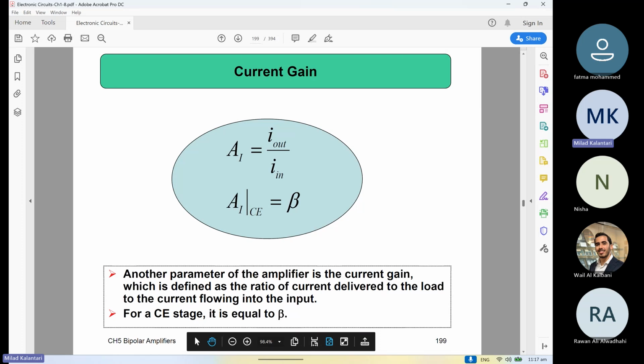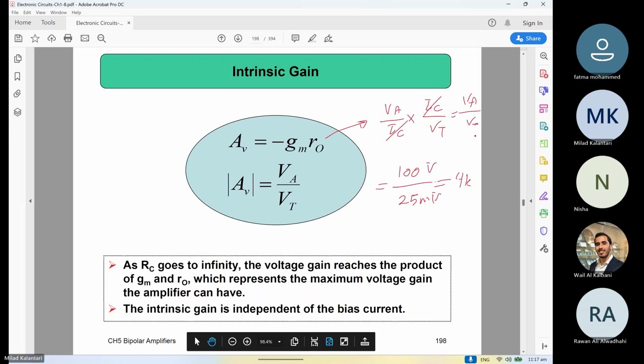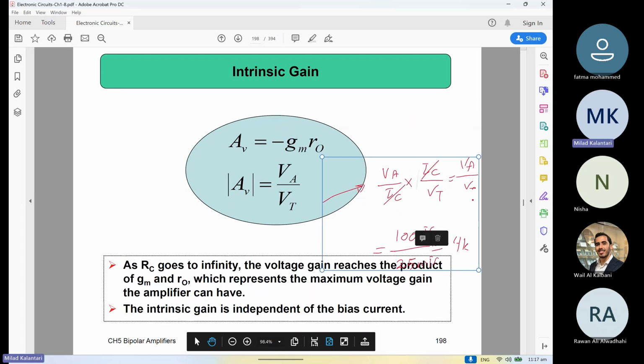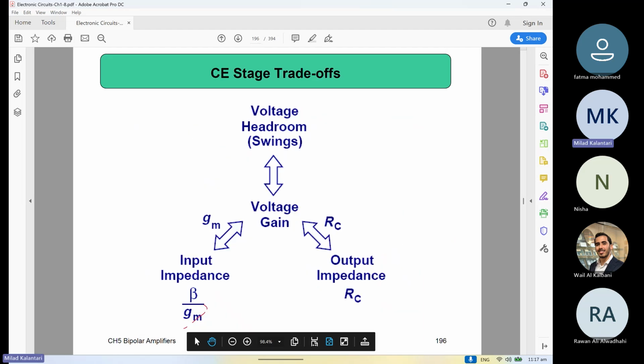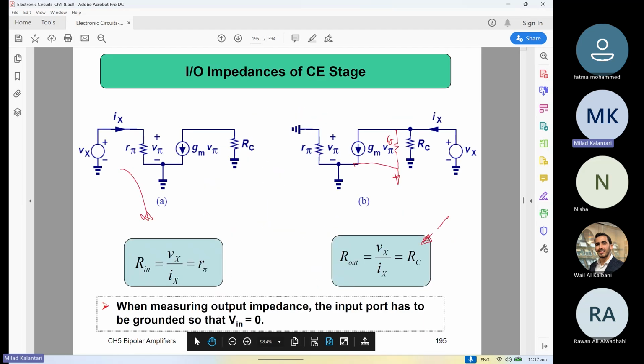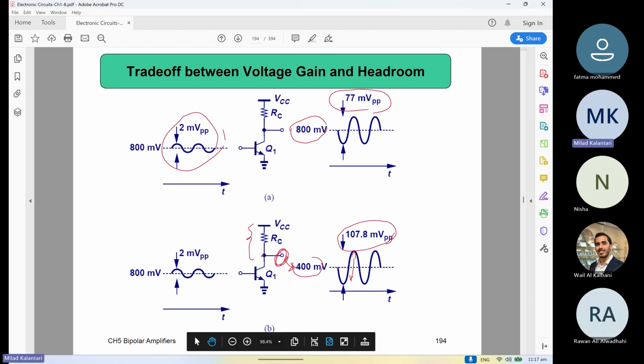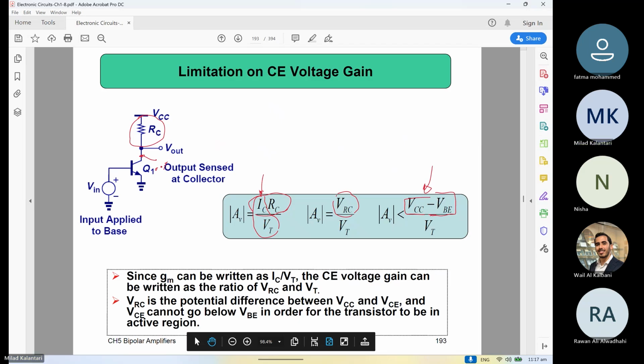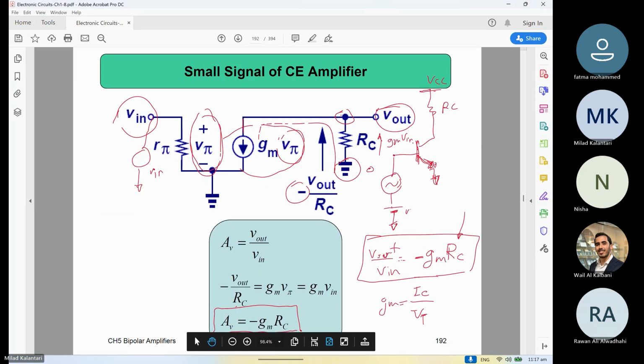Yes, can you explain again? Yes. Initially we didn't include the RO here, right? Initially we started only with RC, and then we came up with the gain being GMRC, right?